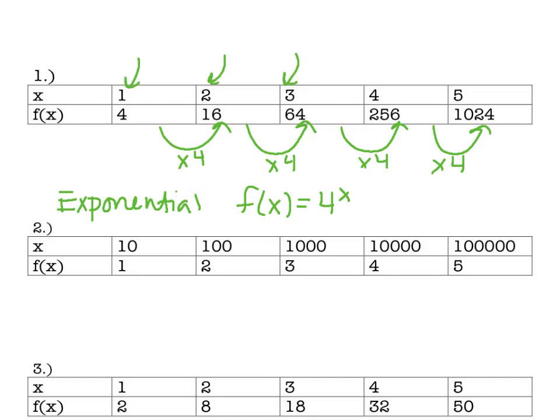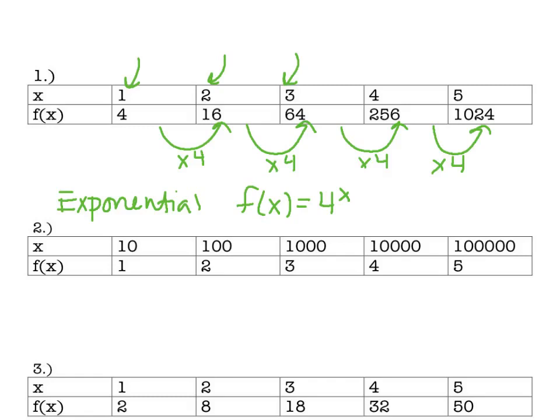Now, this time that works. However, sometimes I might have an a value that's different than 1. And so if you find your rule is times 4 and then you come up with this equation 4 to the x power and that doesn't work, then you want to pick a couple of values from your table and see if we can get an a value out of it.